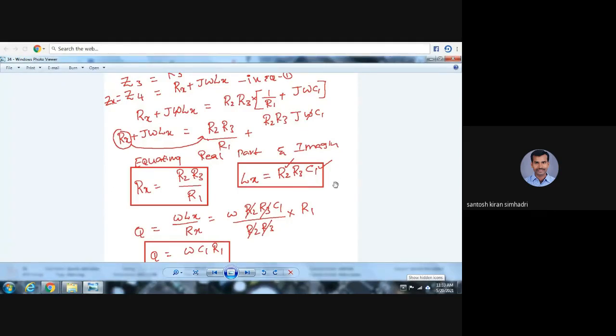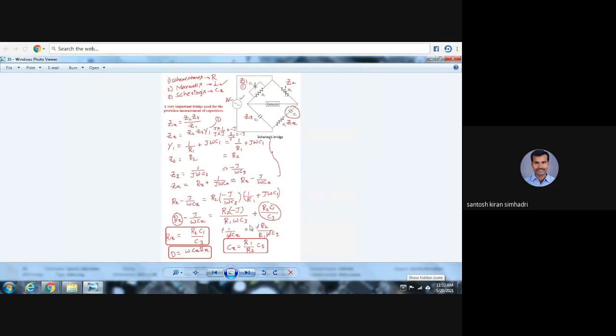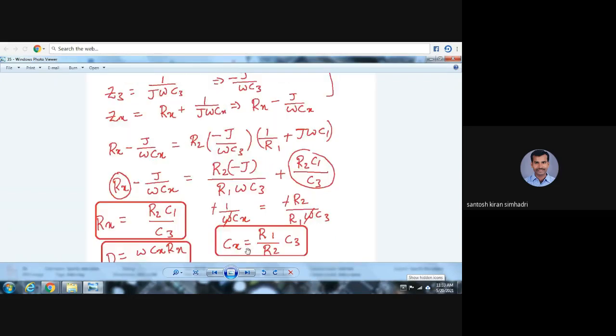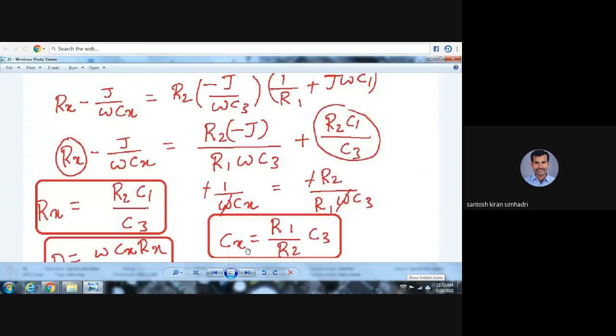This is the Maxwell's bridge inductance value. Now coming to the scaling bridge, the dissipation factor is omega into Cx into Rx. Rx equal to R2 into C1 by C3. Then Cx equal to R1 by R2 into C3.